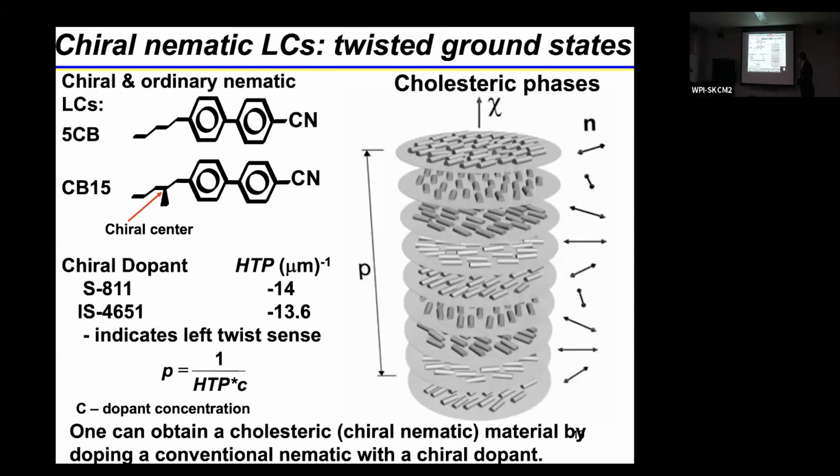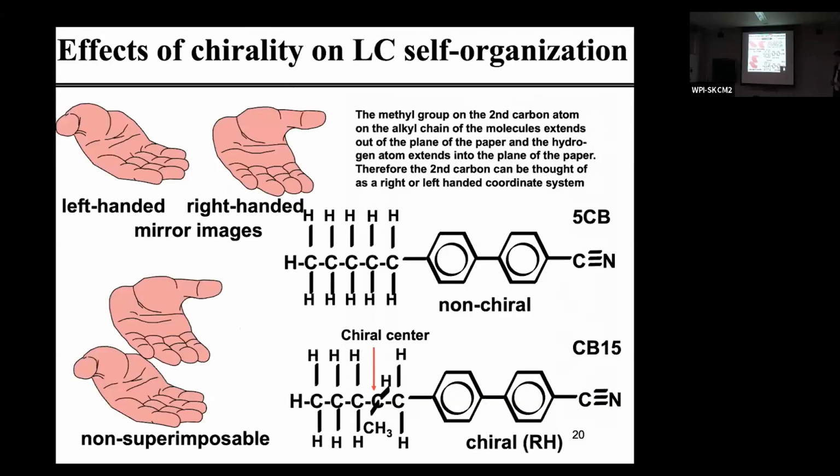And of course, it can be controlled from something on the order of 100 nanometers to infinity pretty much by simply mixing non-chiral and chiral molecules in different proportions. And so there is a simple relation for how this pitch depends on the concentration of the chiral molecules in the mixture that you can use to calculate and define different values of pitch.